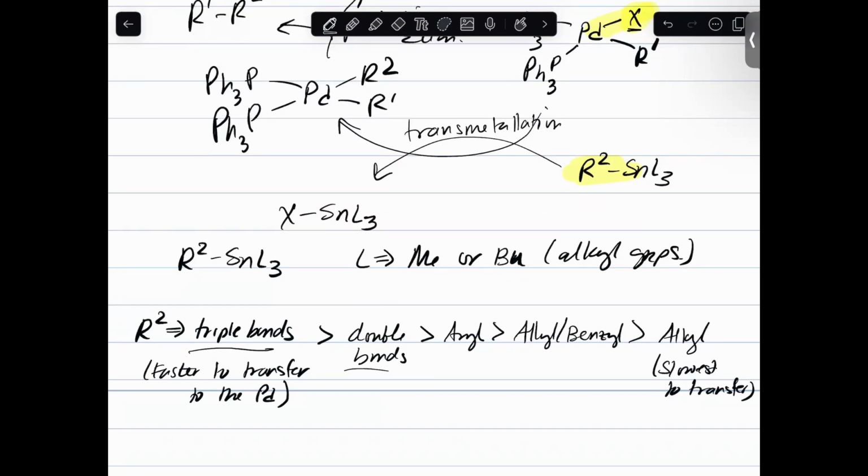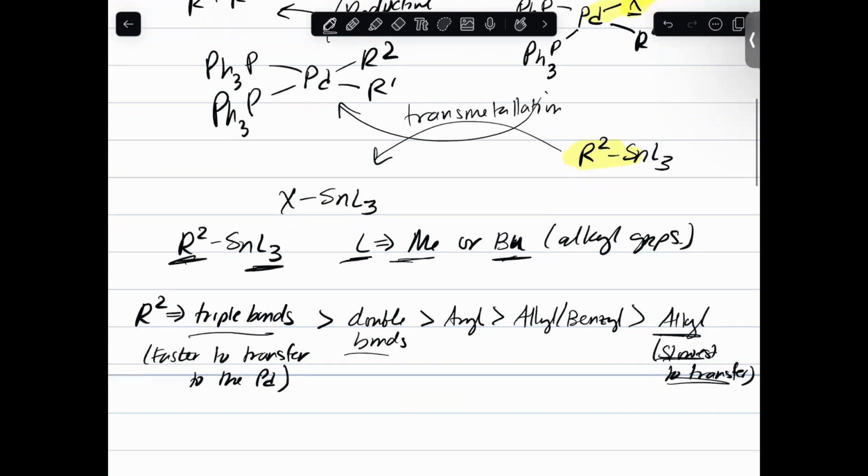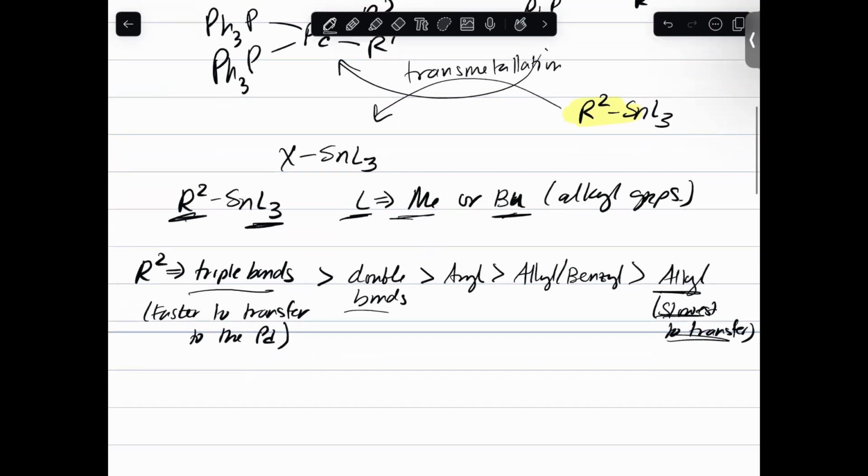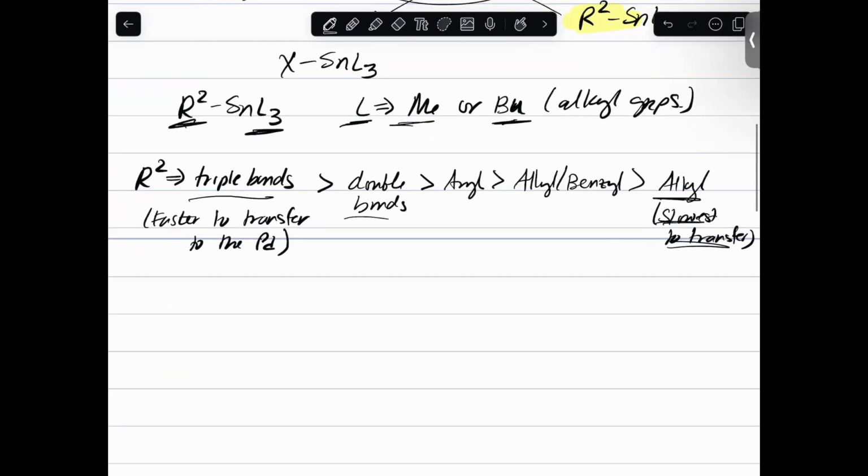Okay, so it makes sense that if the alkyl groups are the slowest to transfer, then my ligands, right, to satisfy that octet rule, are alkyl groups. They won't transfer as fast as a triple bond or a double bond. Okay, so let me give you an example of this reaction, but an actual example with alkyl groups or vinyl groups, aryl groups, triple bonds, excuse me.